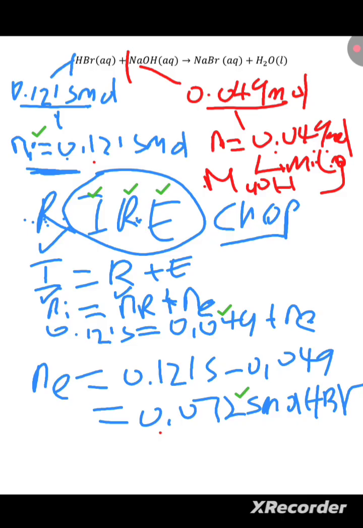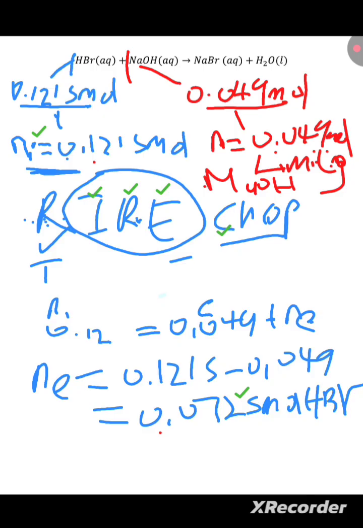With the CHOP method, we want to find the concentration.